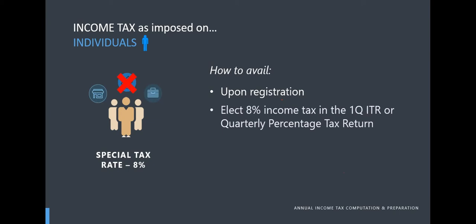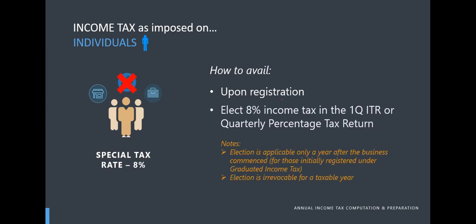This is for those who were initially registered under the graduated income tax rates, but later determined that the gross sales or gross receipts will not be equivalent to 3 million pesos.